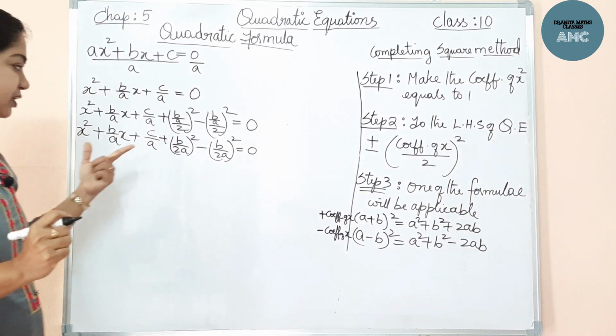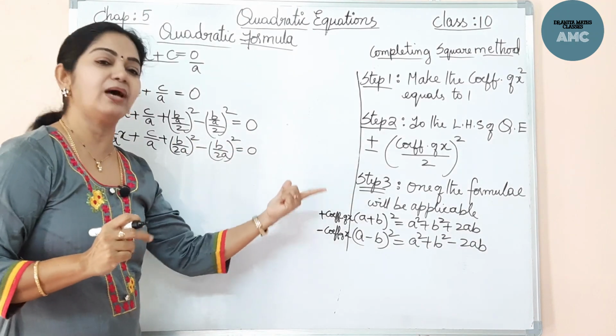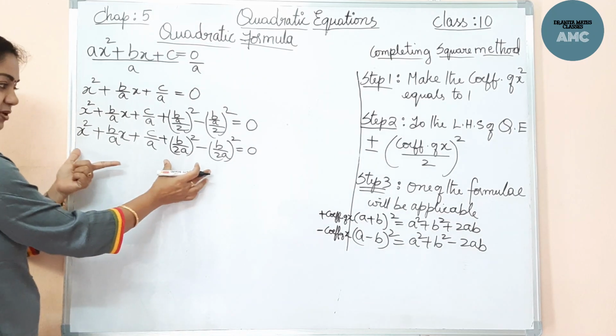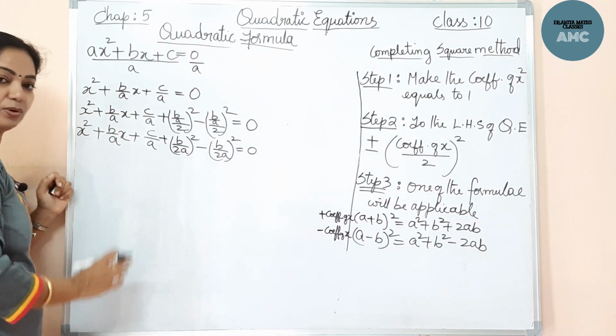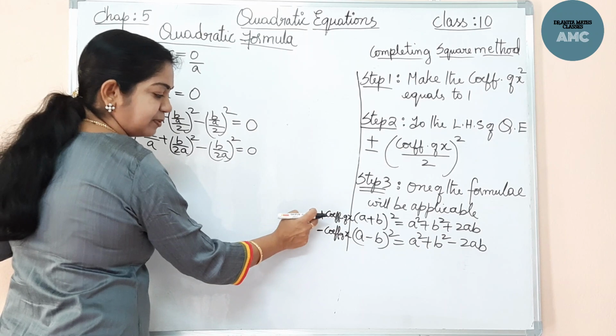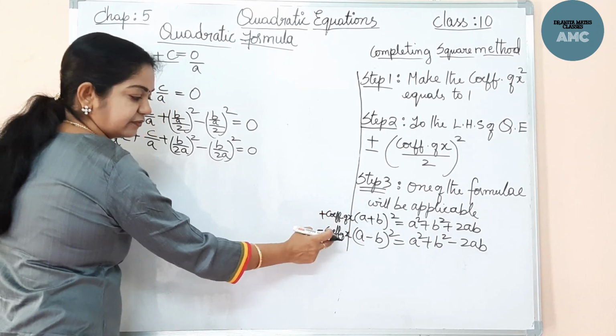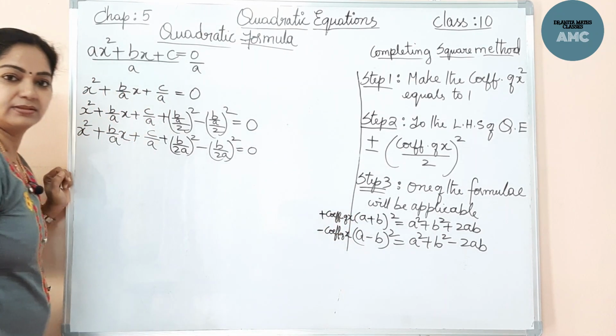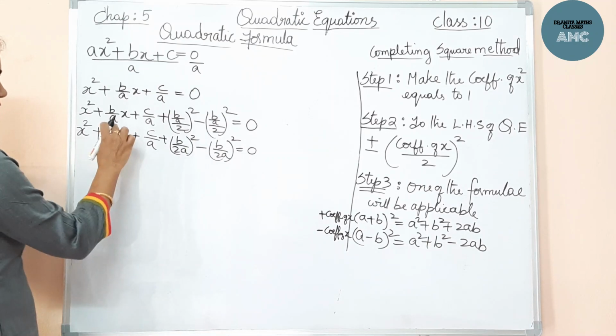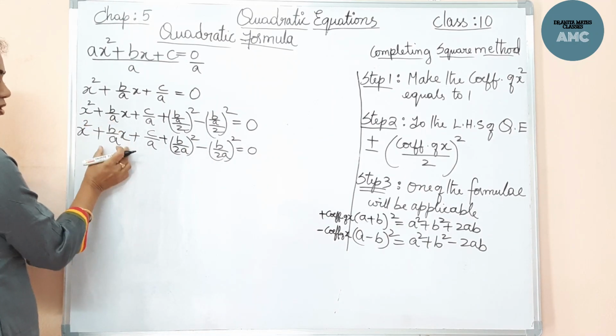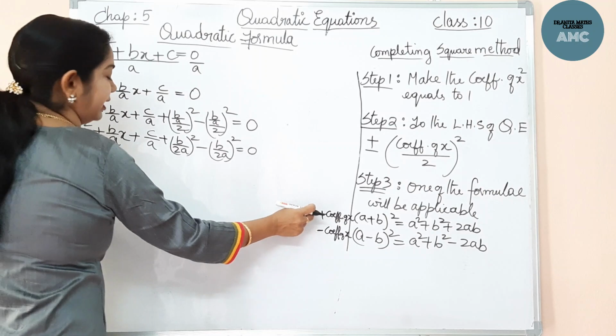Now what is the third step? One of the formulas will be applicable. Seeing this, we have to get one of the formulas. See the coefficient of x: if it is positive, this formula; if the coefficient of x is negative, minus 2ab, that formula. This coefficient of x is positive, so we go with the first formula, a plus b whole square.